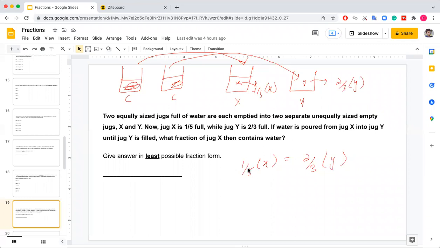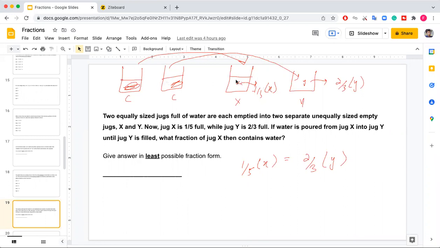Yes or no? Yes. No, where is the issue? I didn't get why 1 by 5 X is equal to 2 by 3 Y. Listen, the question is saying two equally sized jugs full of water are emptied.